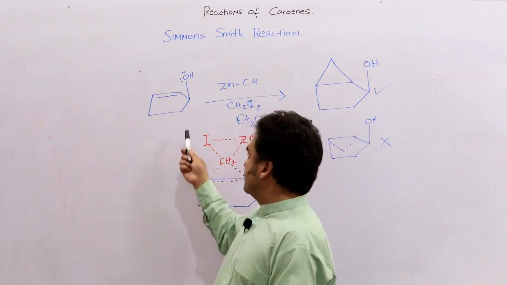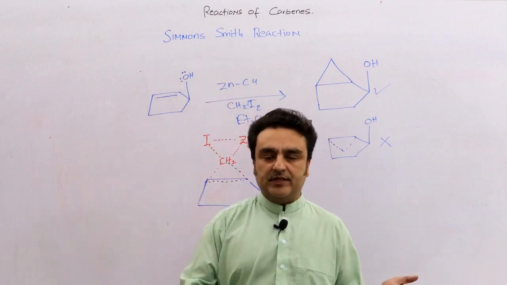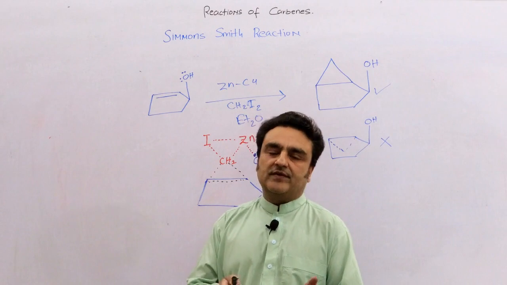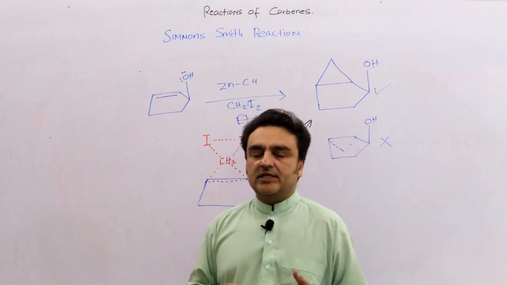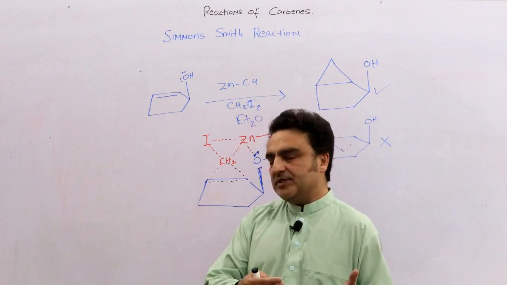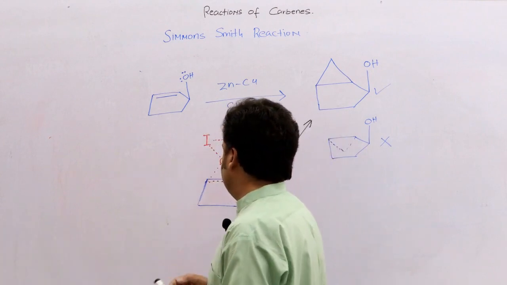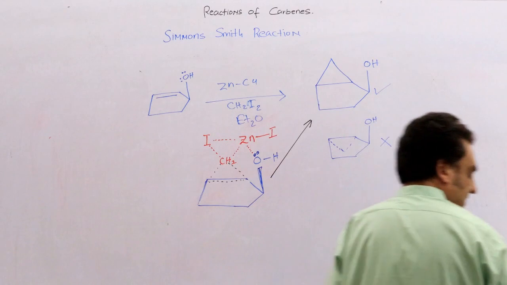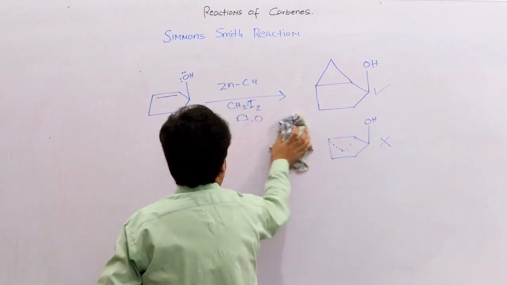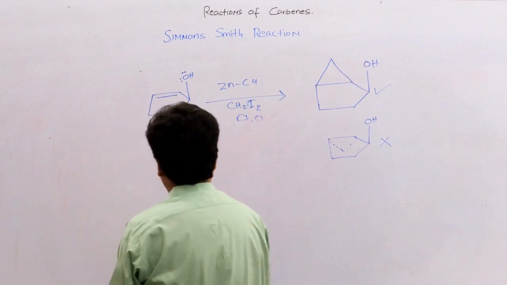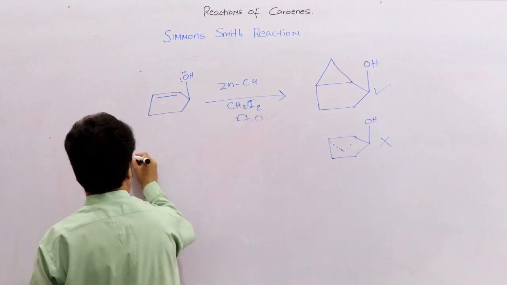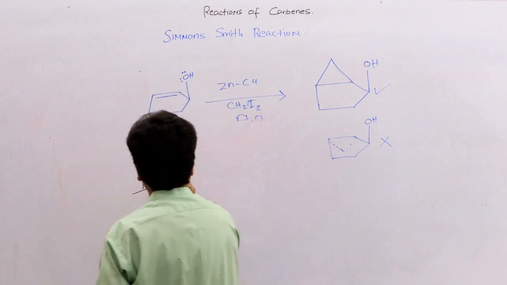As the Simmons-Smith reaction is very important, other scientists also developed and modified it a little bit in order to improve it. So I'll mention one reaction here. Suppose they have taken the same cycloalkene.